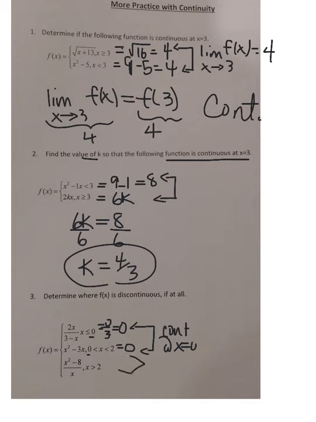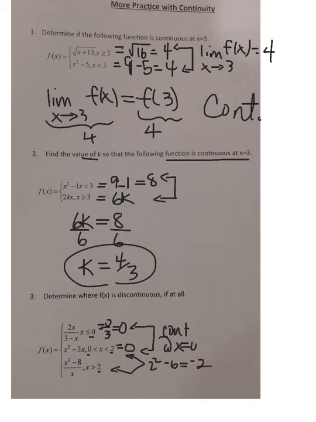So I'm going to look at these two bottom pieces, and I see that they contain 2. So let's plug 2 into the middle part there. When I plug that in, I get 2 squared minus 6, which is equal to negative 2.